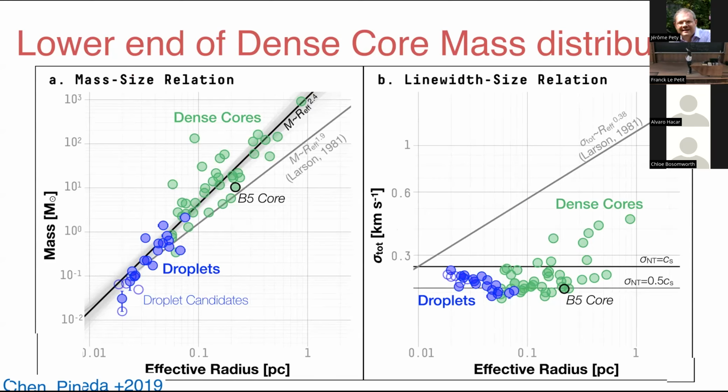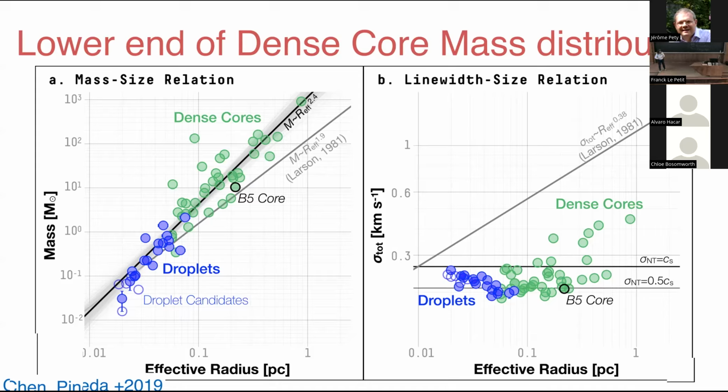The typical cores, the classical objects, lie here, while these other objects that Hope Chen called droplets lie at lower masses, but they have the same line width, meaning if they have less mass but the same line width, they are less bound than the cores. And in this case, you can also plot the line width, as I said, it's almost constant.